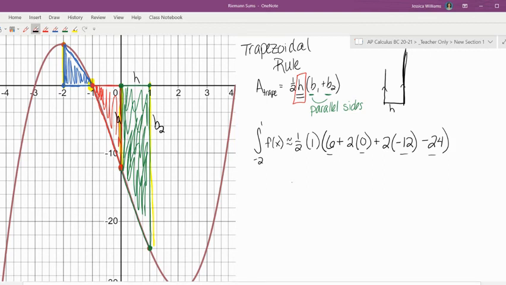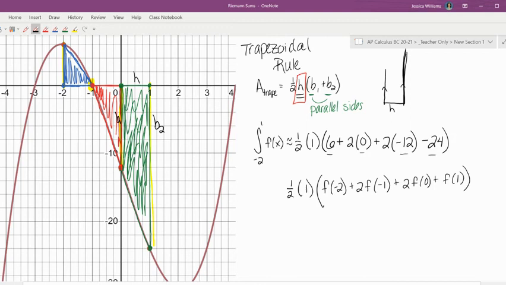So if you want to see this in function notation, it would look like this. You would have f of negative 2, because that's your start, plus double your next one, which happens at negative 1, plus double your next one, which happens at 0, plus single your last one, which happens at 1, because that's your ending.